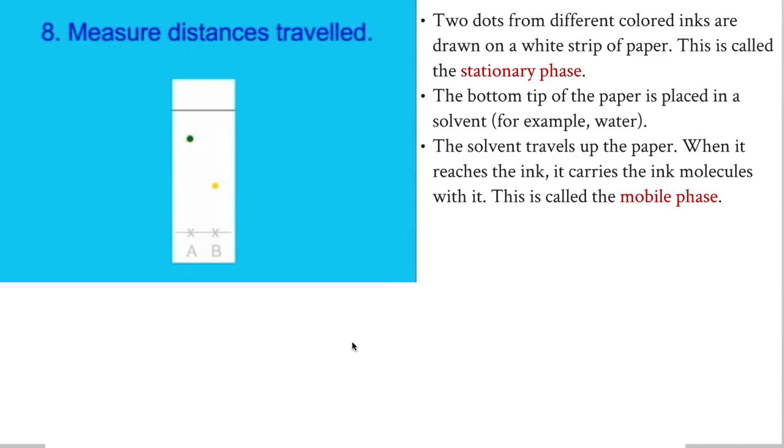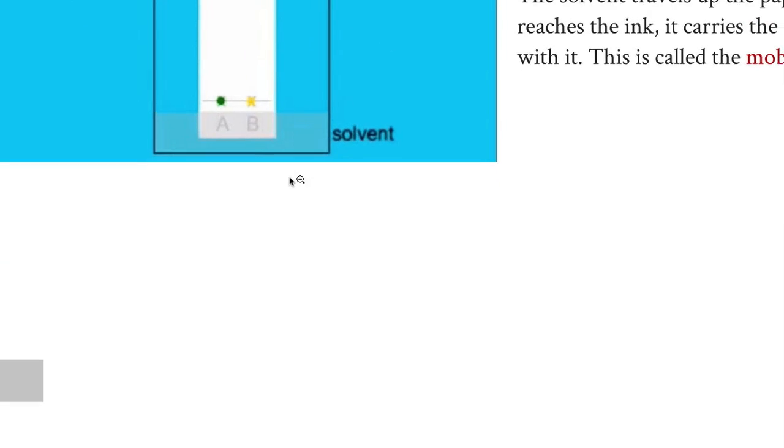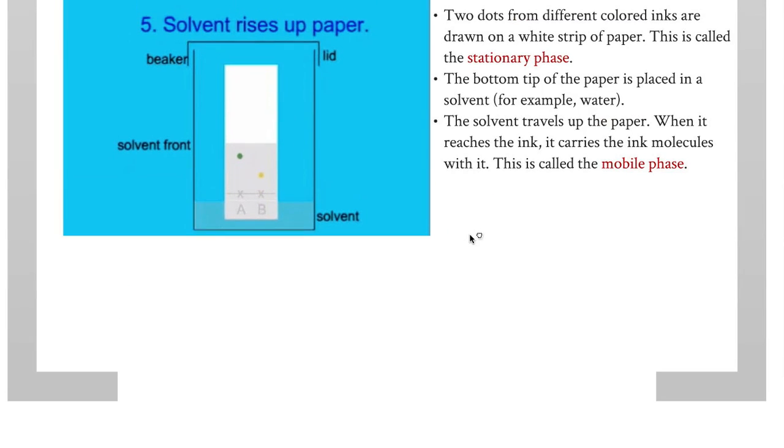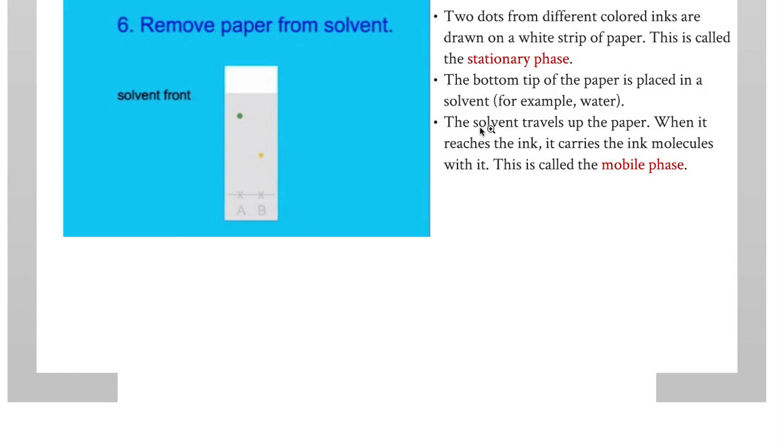The two dots from different colored inks are drawn on a white strip of paper. This is called the stationary phase. So the paper is called the stationary phase. The bottom tip of the paper is placed in a solvent, for example water, and the solvent travels up the paper. When it reaches the ink, it's going to carry the ink molecules with it.